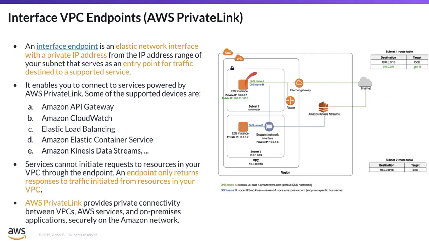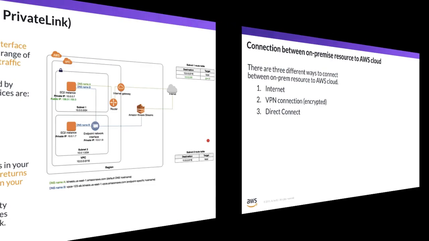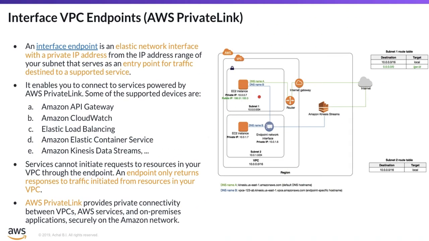If you see this example, there are two subnets, subnet 1 and subnet 2. Subnet 1 established this connection to the Amazon Kinesis stream through the internet gateway. It has to go to the internet gateway and then get connected to the Amazon Kinesis stream.